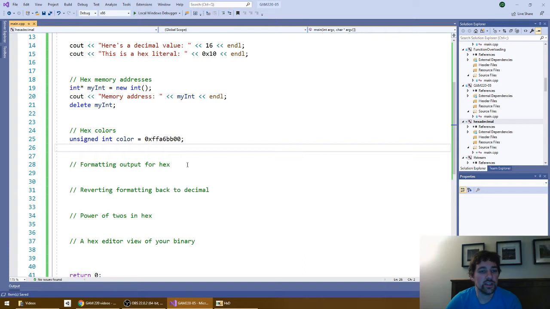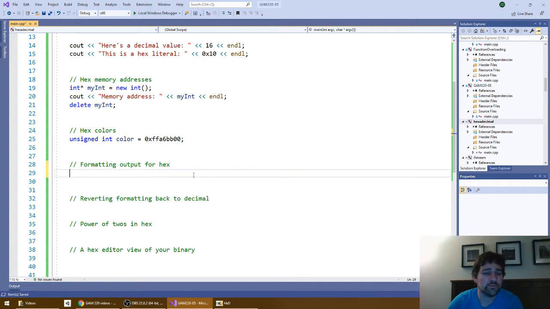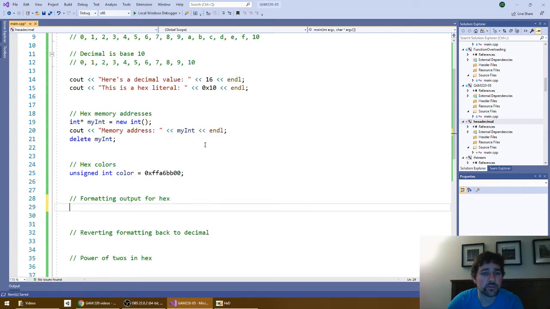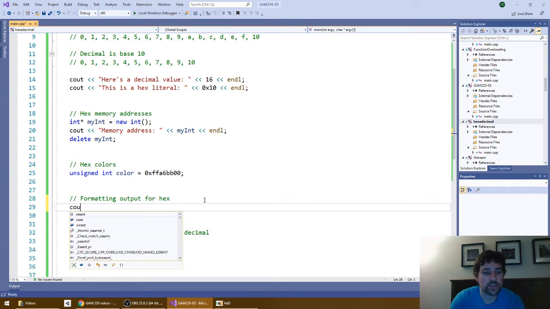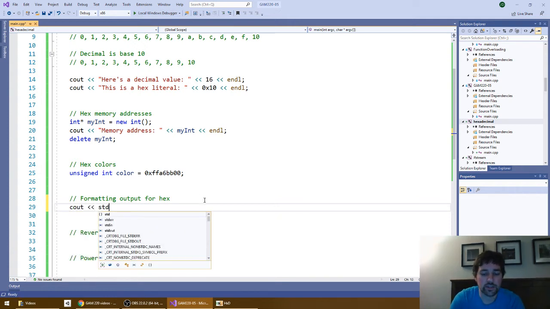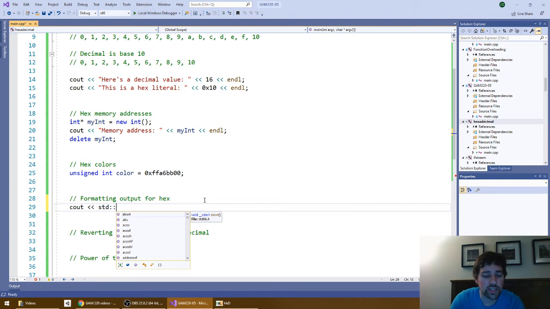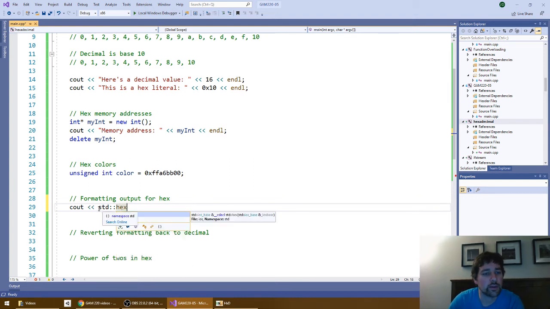When we are trying to print these things out, you may have noticed when I printed them, they both got evaluated and printed as decimal form. But you can tell cout, using what's called a stream manipulator, to treat integers as hexadecimal.